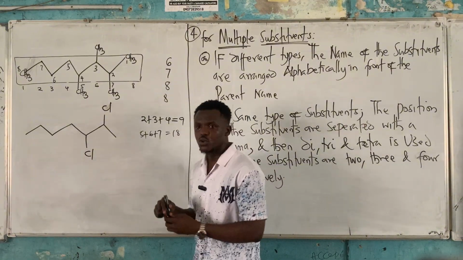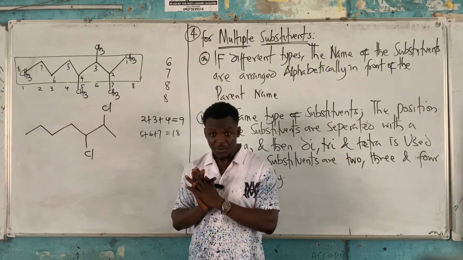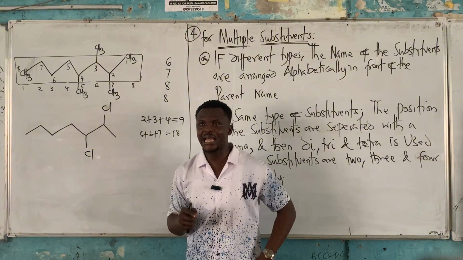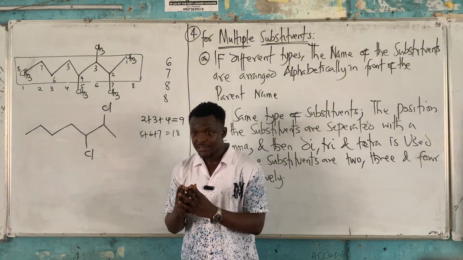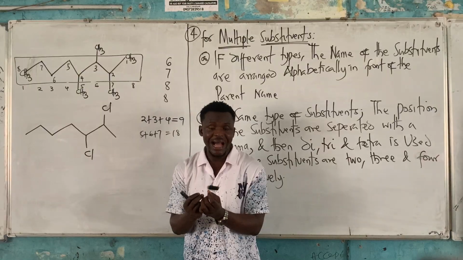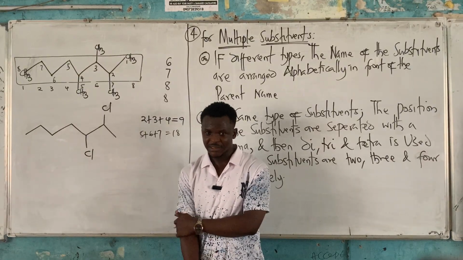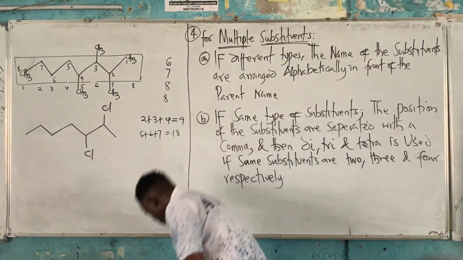So which of these two gives us the smallest number when you add it up? 9. Right? So another way for you to know the side you're going to follow is the side that, when you add up the substituent positions, gives us the smallest number. You follow that side. So obviously, it is this side we are going to follow. Is it not so?